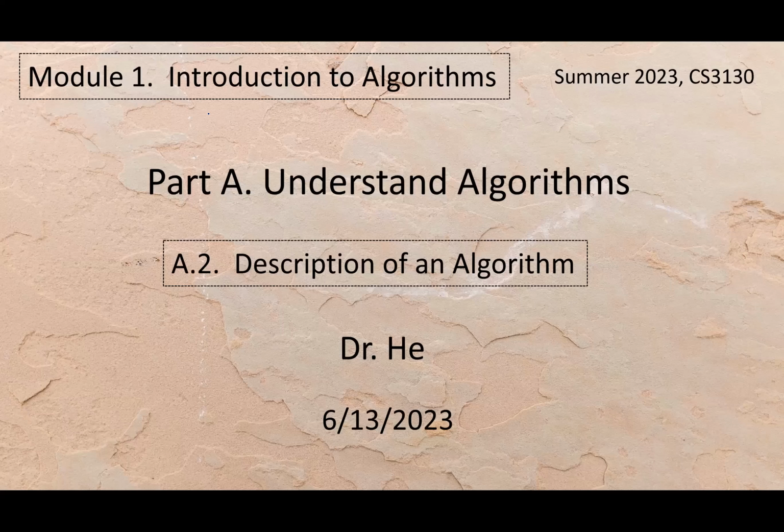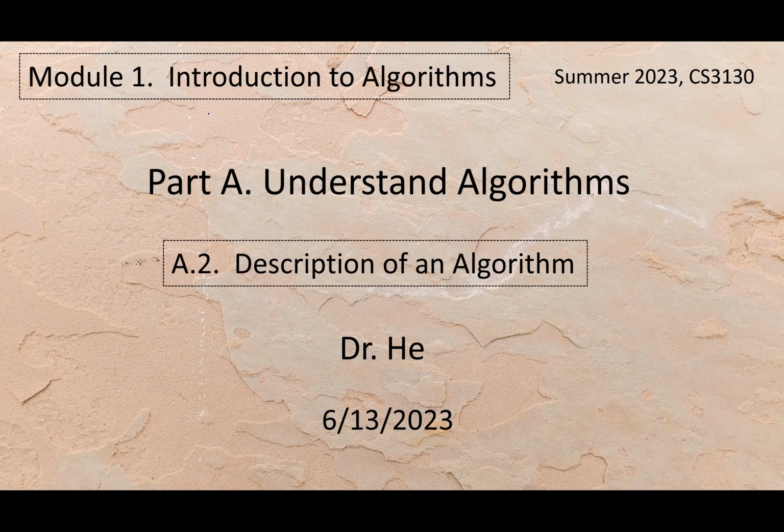Description of an algorithm. Now we need to get to the coding part. In 8.1, we focus on the problem solving part, because given a computing problem, we need to find a solution first.